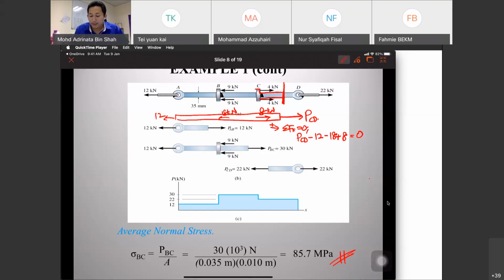Betul kan kalau saya salah? So, PCD is equals to 12 plus 18 minus 8. So equals to 22. So it is the same, just you want to do it this way or you want to do it this way. It must be the same answer.